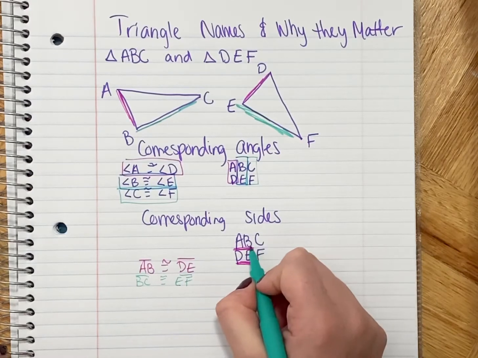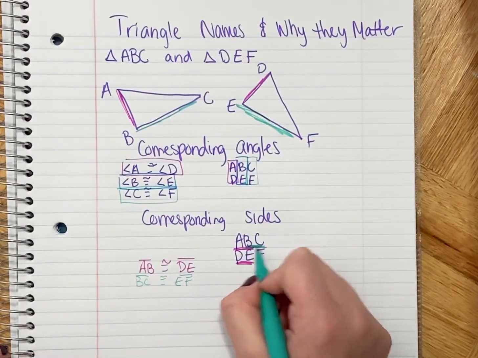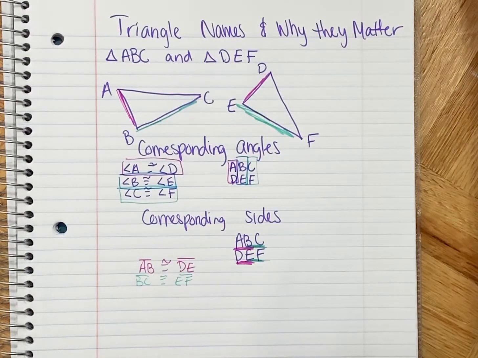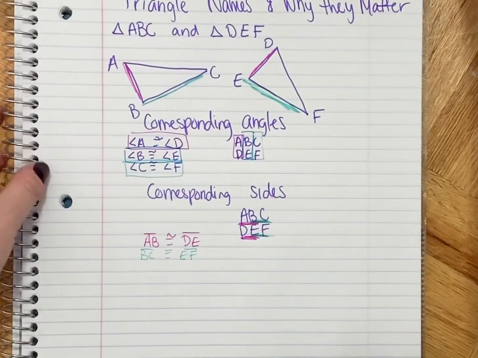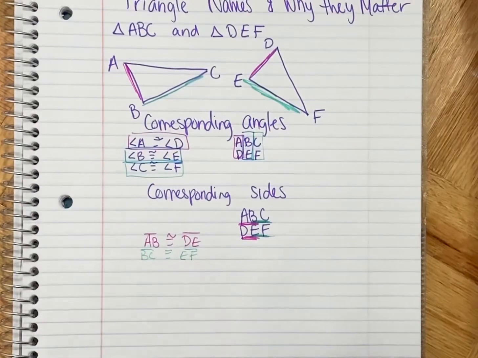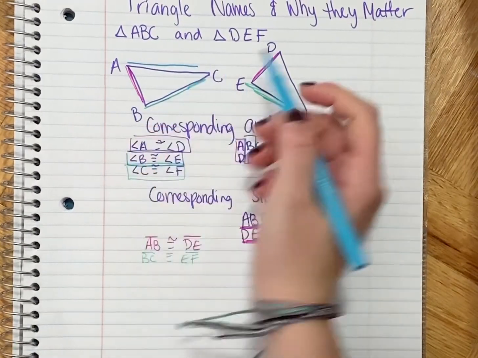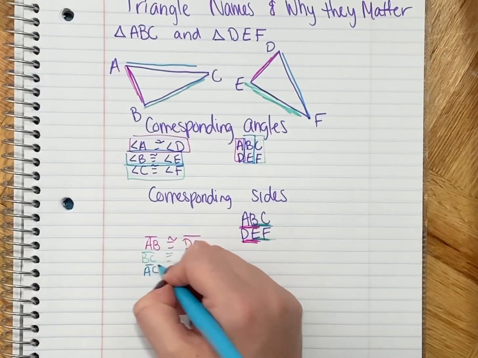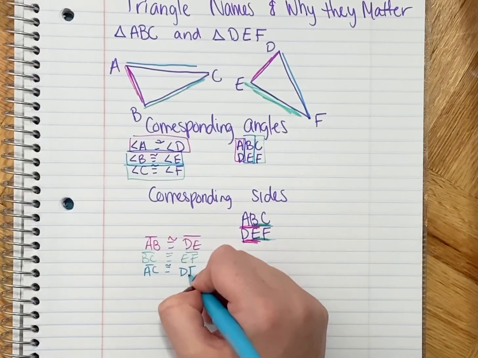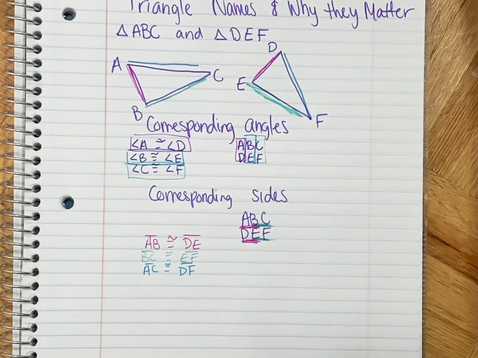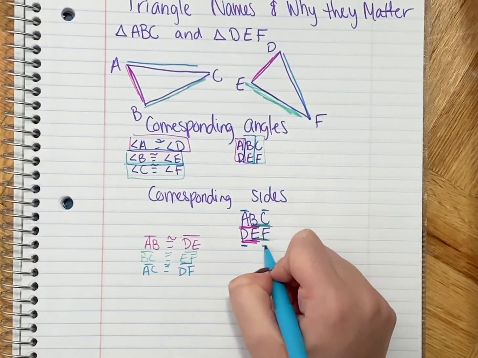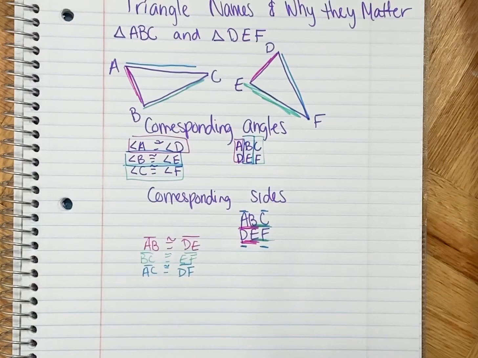Okay, BC here are green, and EF here are green again. Okay. Finally, last up, we have our AC and our DF. AC is congruent to DF. Okay. A and C and D and F. Same positions. That's why we know they are corresponding.